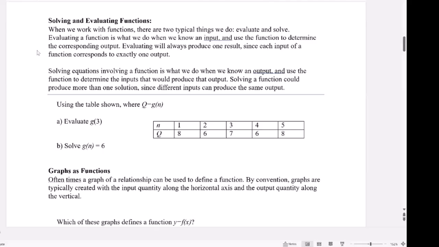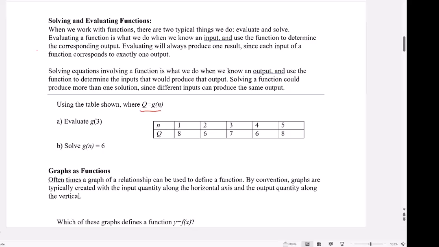So let's look at this. We want to evaluate, so it says using the table shown where Q equals G of N. So let's talk about this notation first.